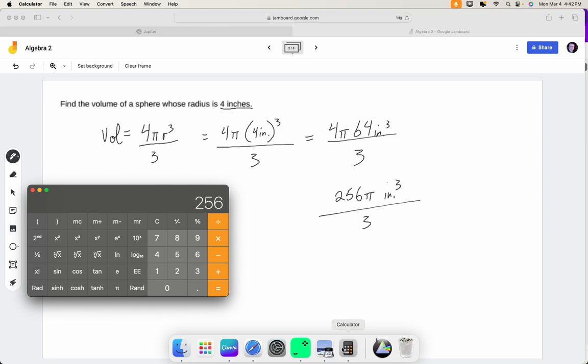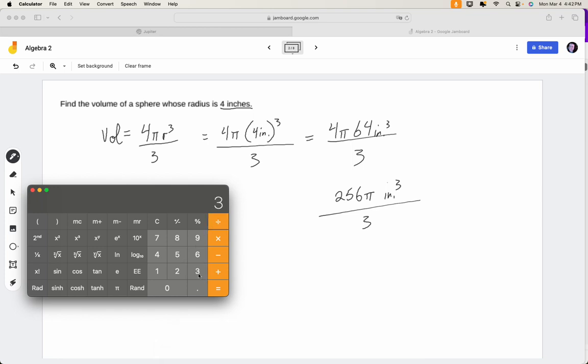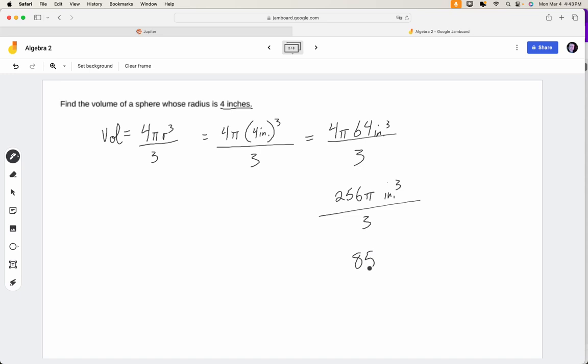So if I divide 256 by 3, I get 85.333333 pi. So that would be 85 1/3. So 85 1/3 pi inches cubed.